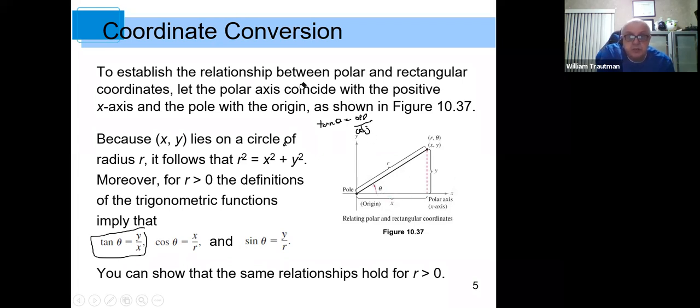Cosine theta is opposite over hypotenuse. No, it's adjacent over hypotenuse. Cosine theta is adjacent over hypotenuse, x over r.